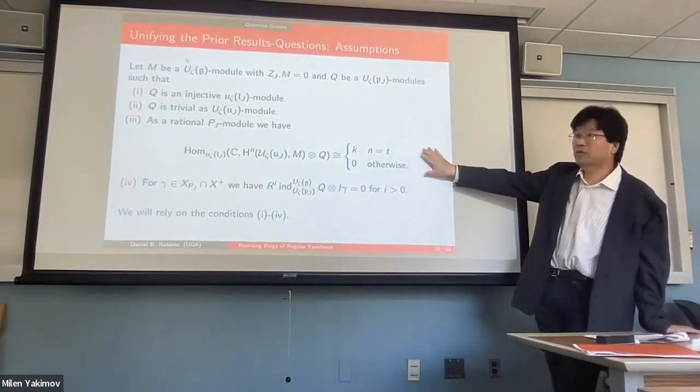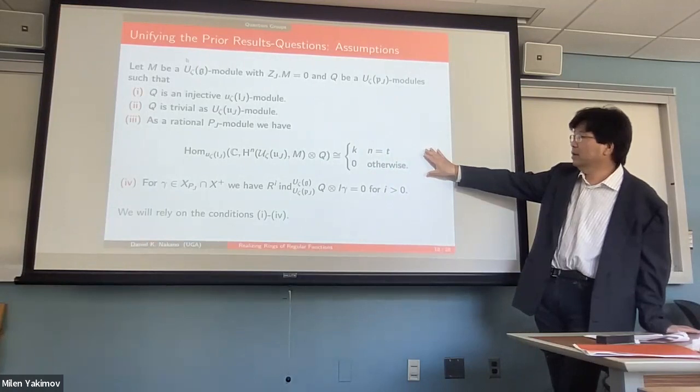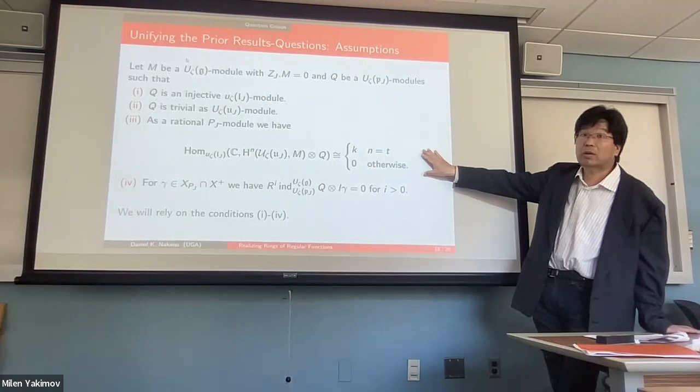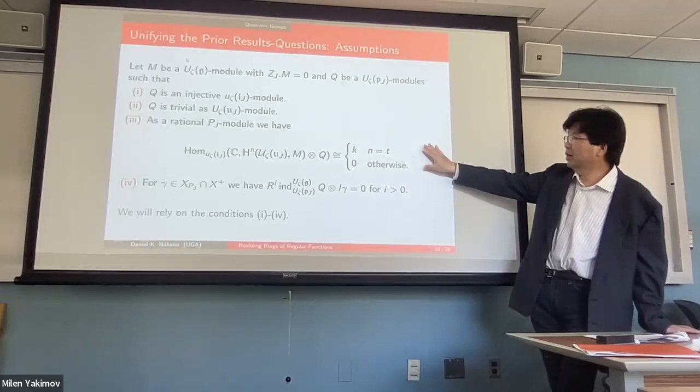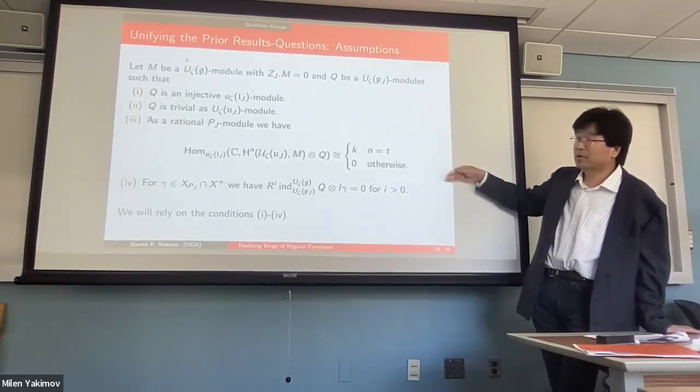This condition here is very much like the condition that I explained back in the proof, where you take the exterior algebra or the cohomology for u(u), and you apply the fixed points under T, and then you get things just living in degree 0.